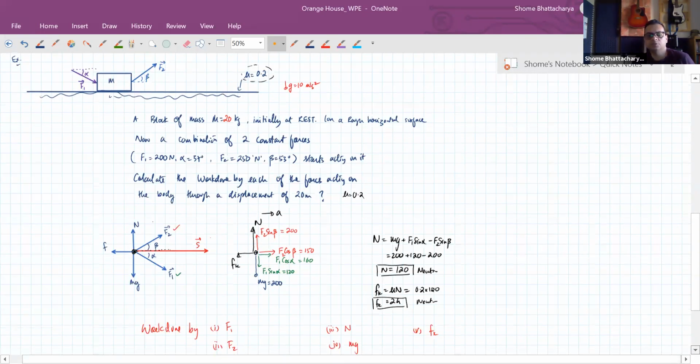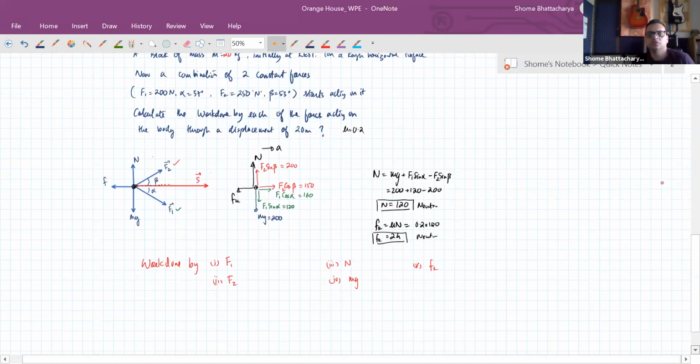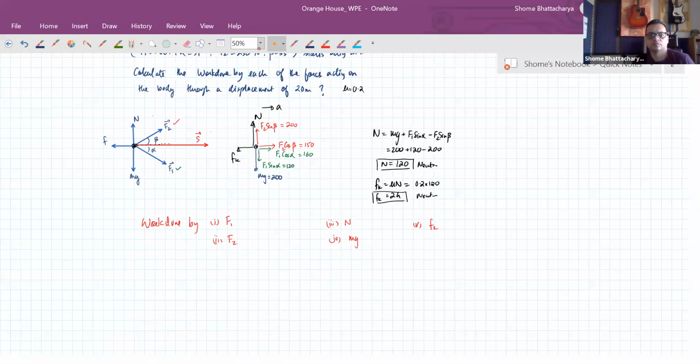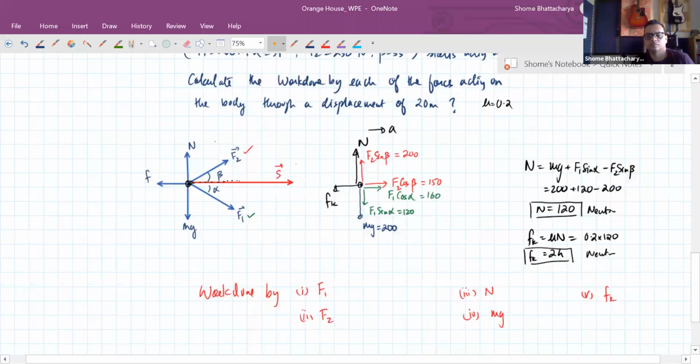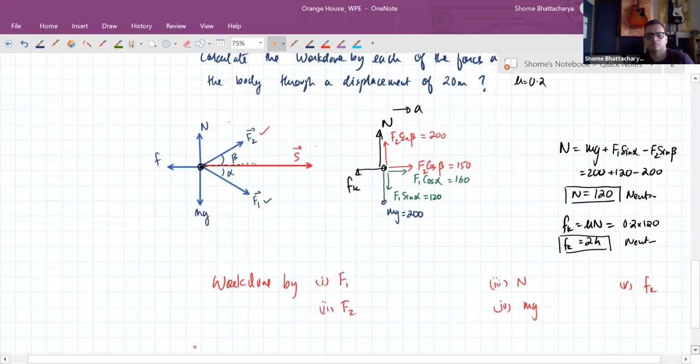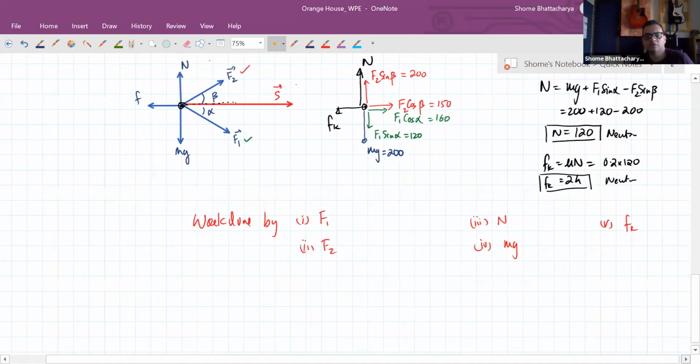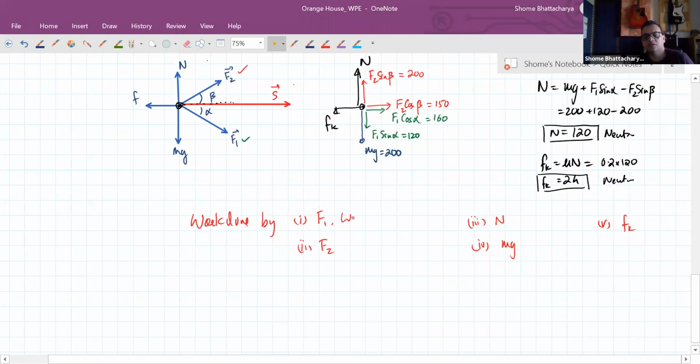Okay, so hope it is clear up to this point. So let's work out each of these now. So you can see that displacement is horizontal. So we need to calculate. Work done by F1 will be equal to F1 dot S. So that we can easily write as, because we already got F1 cos alpha into S. So we can directly write it like this.